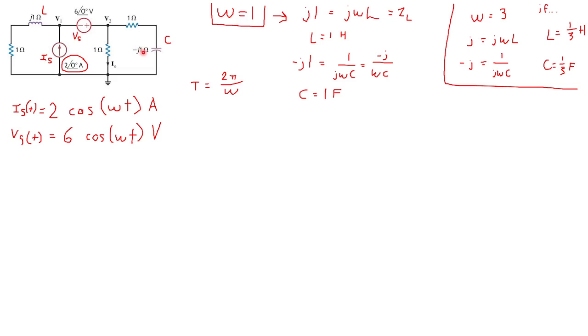Omega can be anything from 0 up toward infinity, and for different values of omega, the inductance and capacitance would need to be different to produce exactly this impedance AC version of the circuit. So we're not given omega up front, so it doesn't actually matter to us what the omega is here.